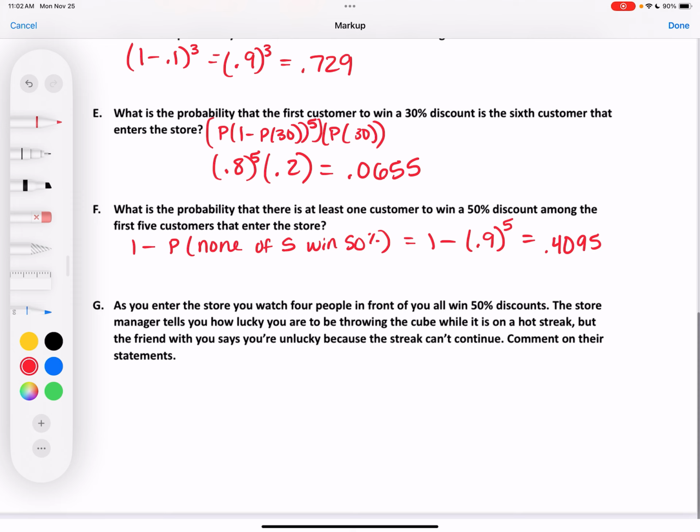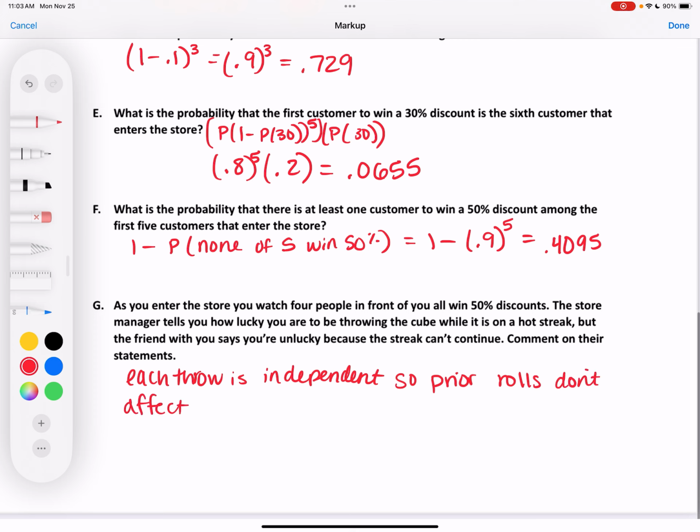So each throw is independent. So prior rolls don't affect the outcome of future rolls.